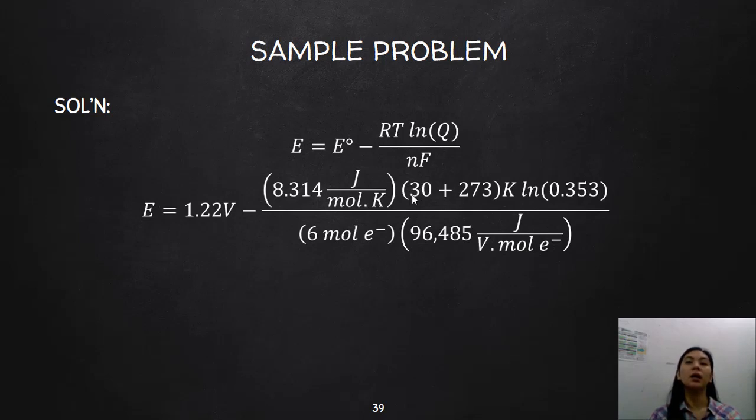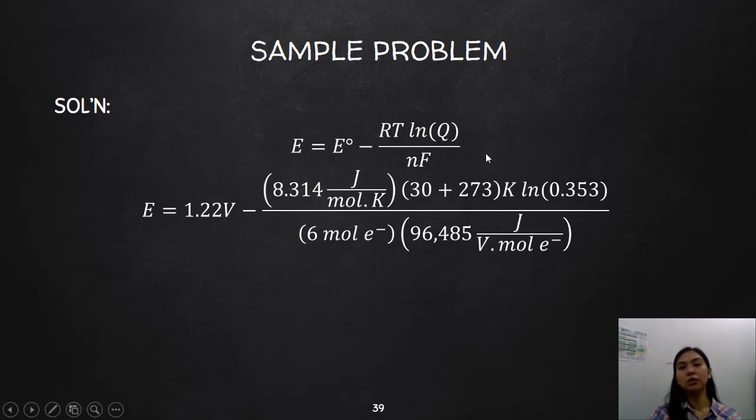However, diba, kanina nakalagay dun sa ating Nernst equation na the temperature should be absolute. Therefore, yung 30 po kailangan i-convert siya sa Kelvin scale. And when you convert a temperature in degrees Celsius to Kelvin scale, you just add 273. Such that 30 plus 273, naka-Kelvin scale na po yung ating temperature.